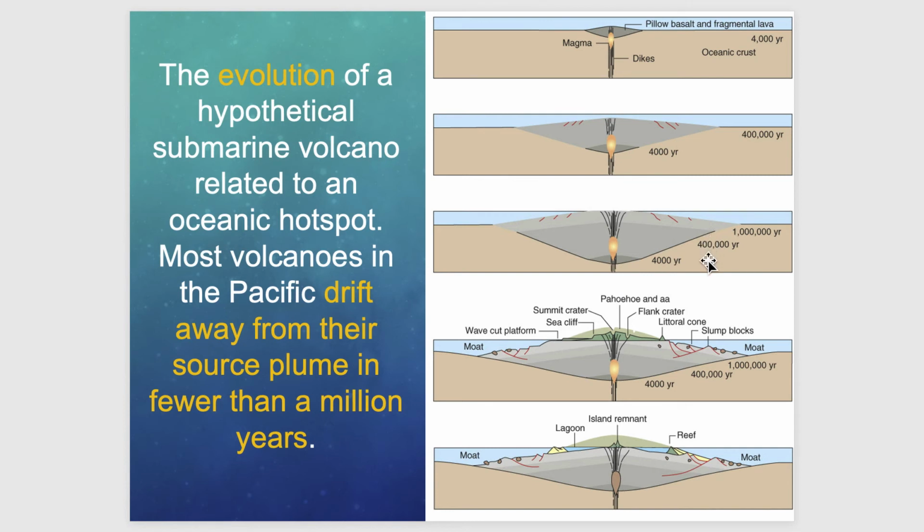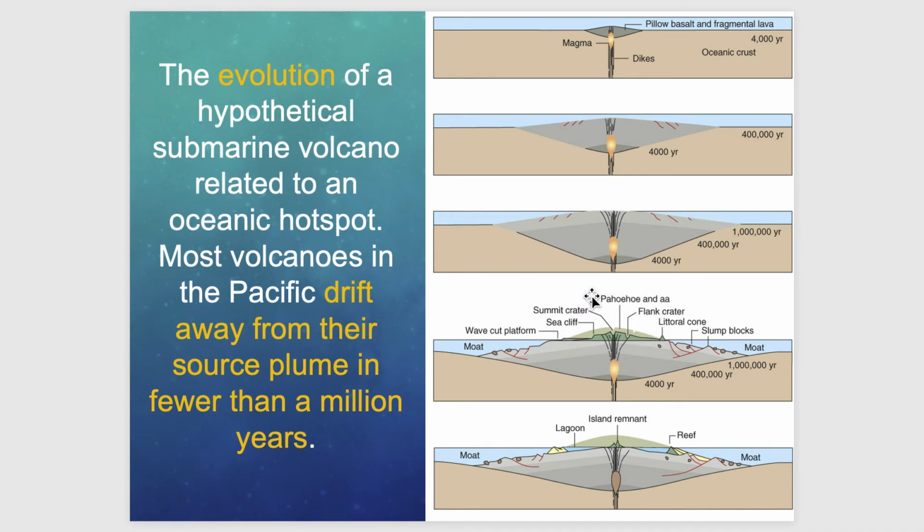Again, after a million years roughly, we touch the sea surface, so we reach a stage in which the water is no longer present on the central part of the volcano, and you start to develop all these other products on top.